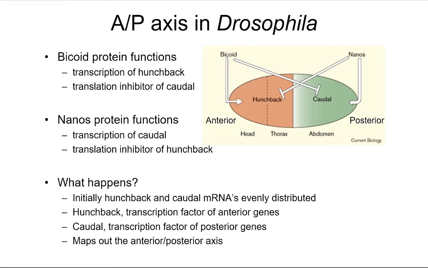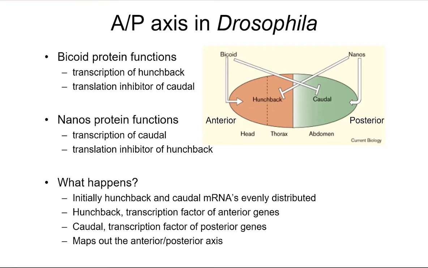Due to the location of these mRNAs at opposite ends of the cell, we end up with bicoid proteins at a high concentration at the anterior end and nanos proteins built up at the posterior end. And based on their effects, what we end up with is a high concentration of hunchback proteins where there is an increased amount of bicoid, and an increased amount of caudal proteins where there is an increased amount of nanos.